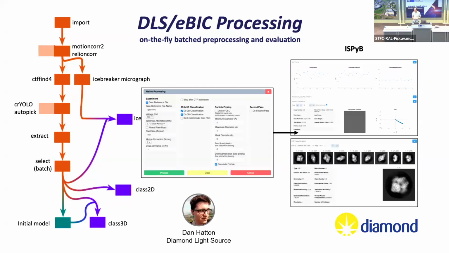The end point of that is some processed or semi-processed data which goes into iSpy-B, with all of the project information that Pipeliner has collected. Then the user can go to iSpy-B and download the endpoint of this processing as a CCP EM project, which can be imported directly into CCP EM and taken further down the line.